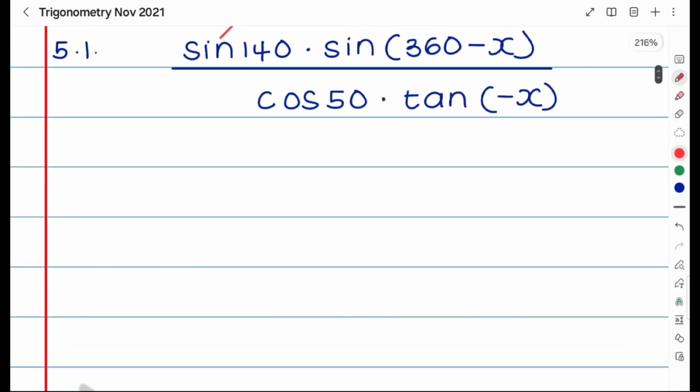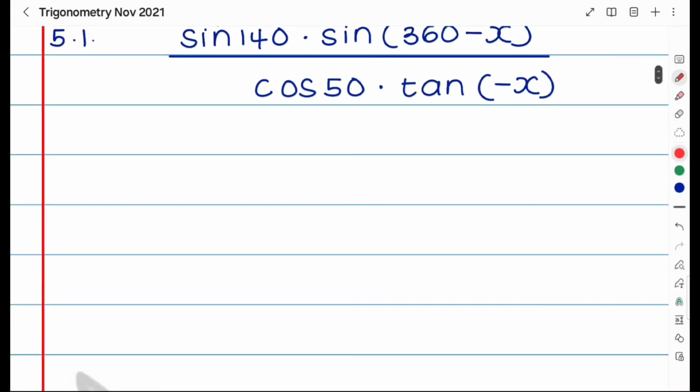So here, if we want to reduce an angle, we are going to use our reduction formula in quadrant 2. So sine of 140, to reduce that, we state the reduction formula in quadrant 2, which is 180 minus the angle, and that is equal to, what angle are we reducing? We are reducing an angle of 140.